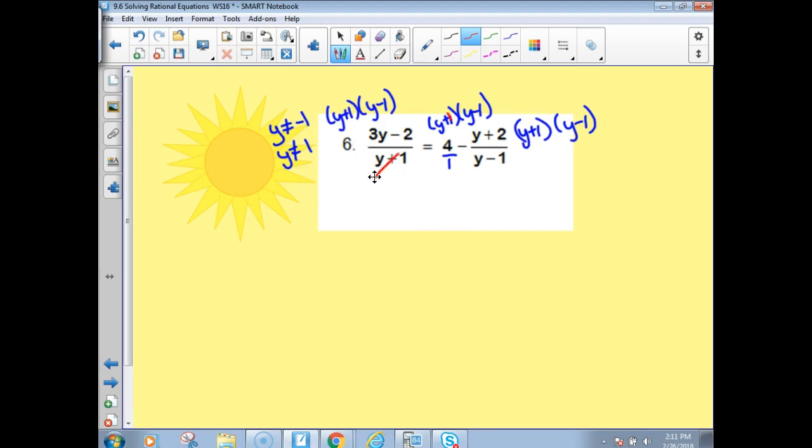The y plus 1s would cancel out on the first one. Oh dear. We're going to have y minus 1 times 3y minus 2 equals, this one's going to be a doozy. Okay, a little bit long. On the second side, when I multiply 4 times the LCD, I just have to do 4 times y plus 1 times y minus 1.